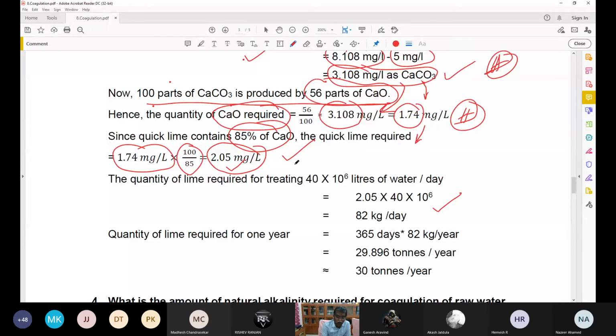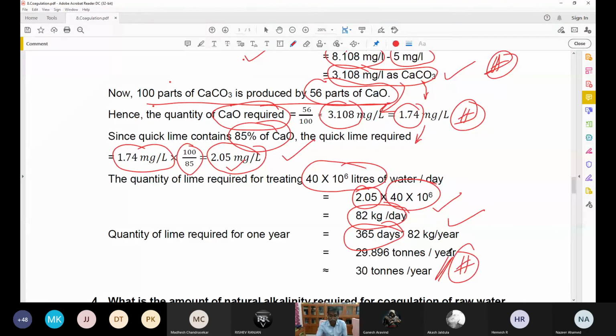For 1 liter I may require 2.05. For 40 MLD I may require 40 MLD multiplied by 2.05, thereby 82.82 kilogram per day. It is also asked to calculate for 1 year, thereby it becomes 30 tons per year of lime required to maintain the alkalinity or to destabilize the colloids. Is it fine?